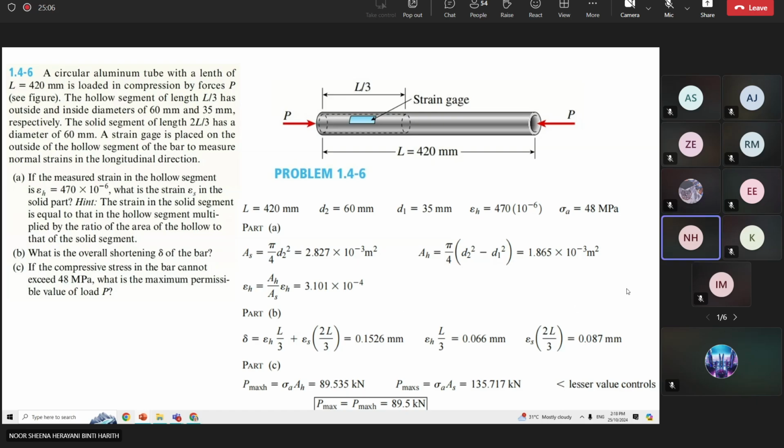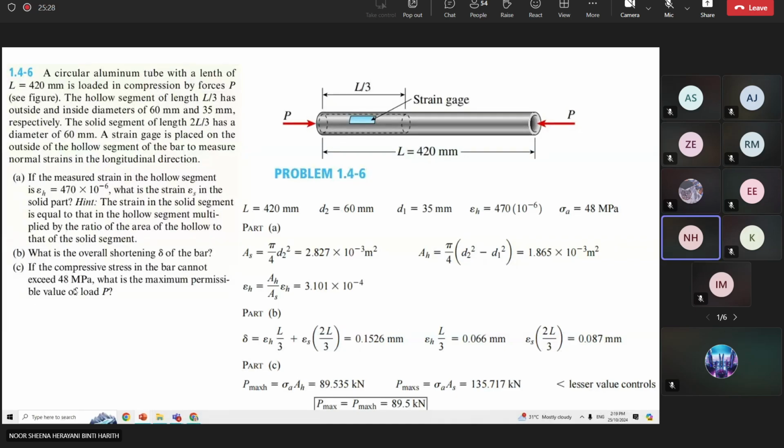If we separately calculate each of the hollow and solid bars, the shortening for the hollow section is 0.066, and the shortening for the solid bar is 0.087 mm. So this one plus this one equals the total.